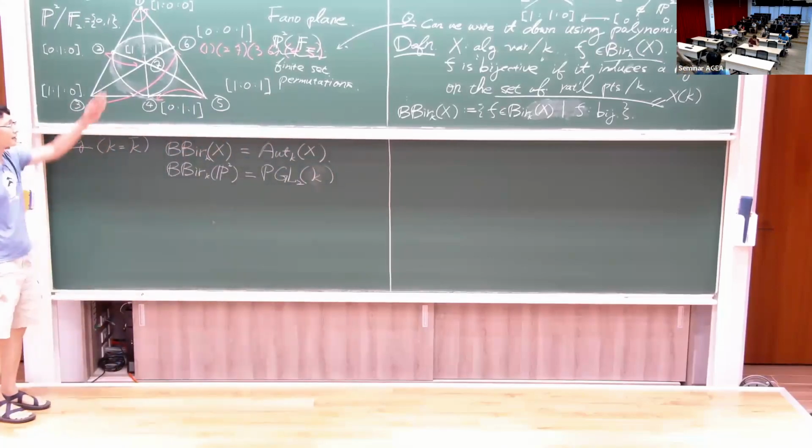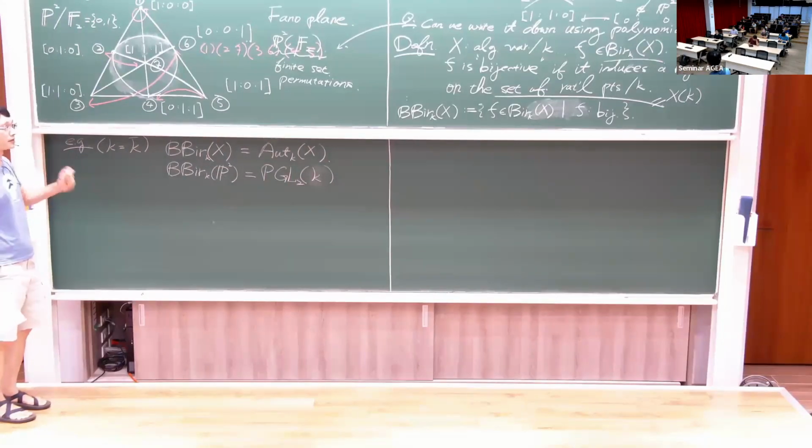Like in that example, a general birational automorphism may have some indeterminacy locus. This is the locus where the map is not defined. And this indeterminacy locus is defined by some equations. It's the solution set of some polynomials. And over the algebraic closure, a system of equations always has a solution.